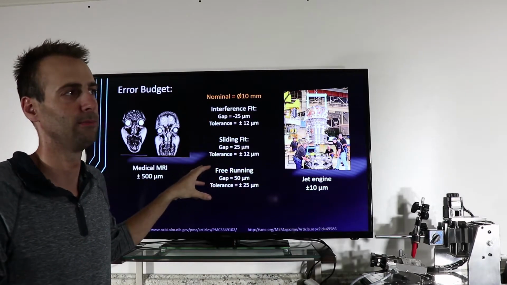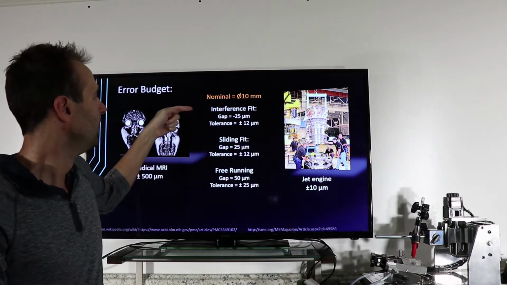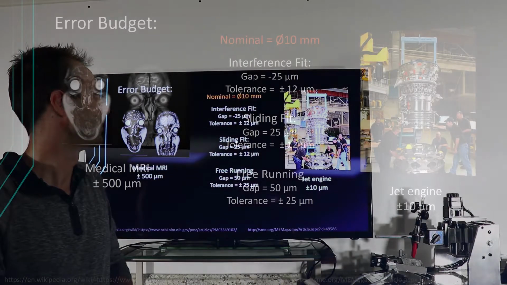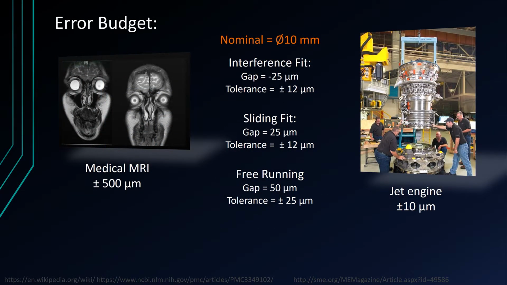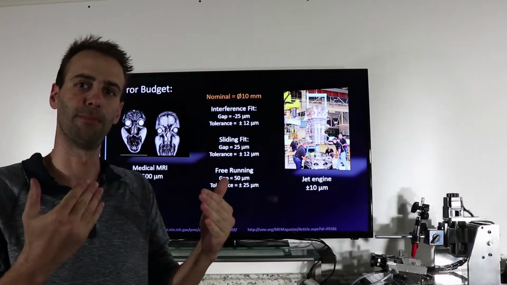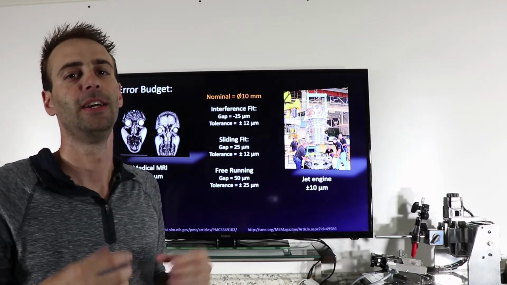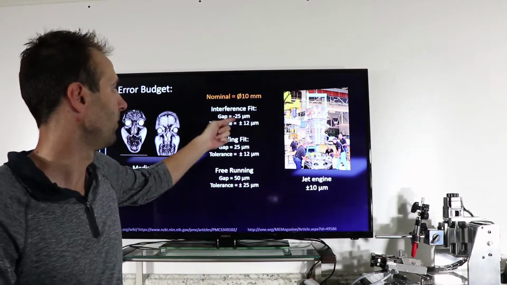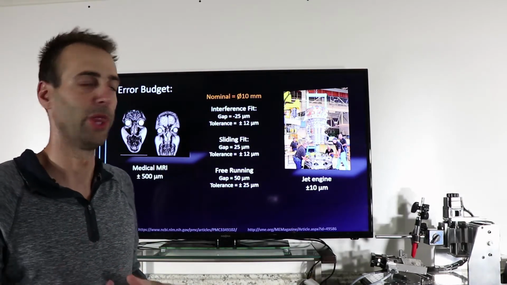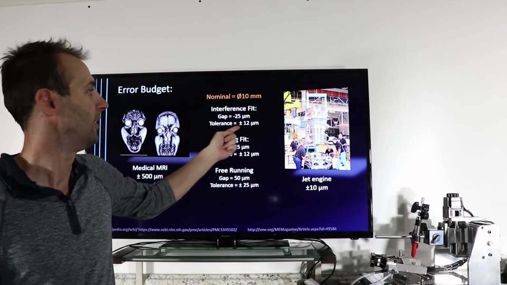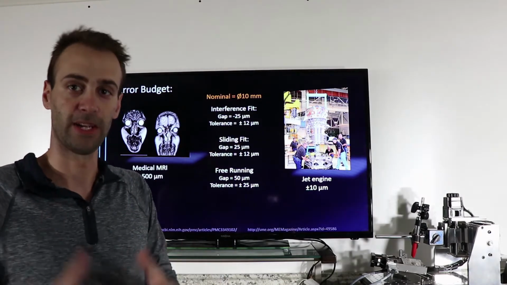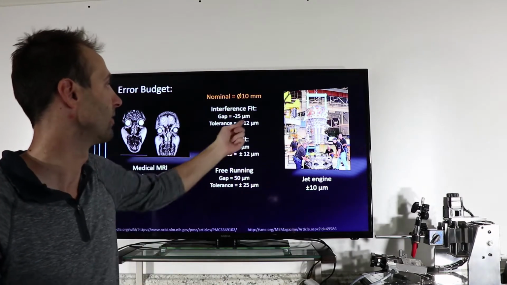This is straight out of the Machinery's Handbook. Interference fit, right? On a 10 millimeter shaft, the gap is minus 25 microns, so about 1,000th. That means you're going to make the shaft big and the bore small, so the gap is going to be about 1,000th or 25 microns, with a tolerance of 1/2,000 or 12 micrometers.